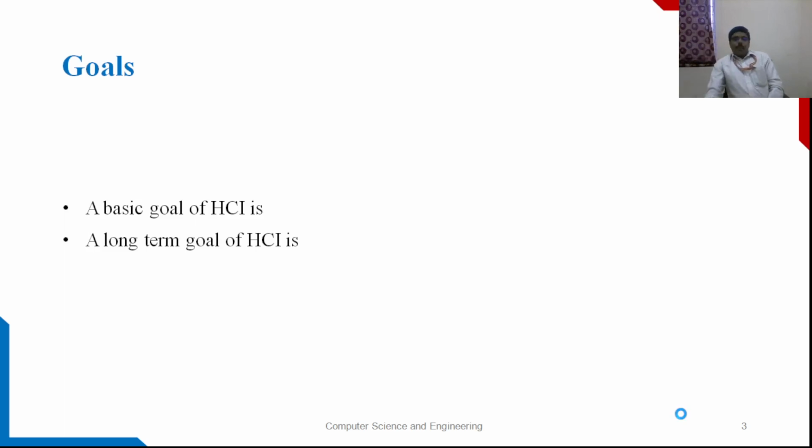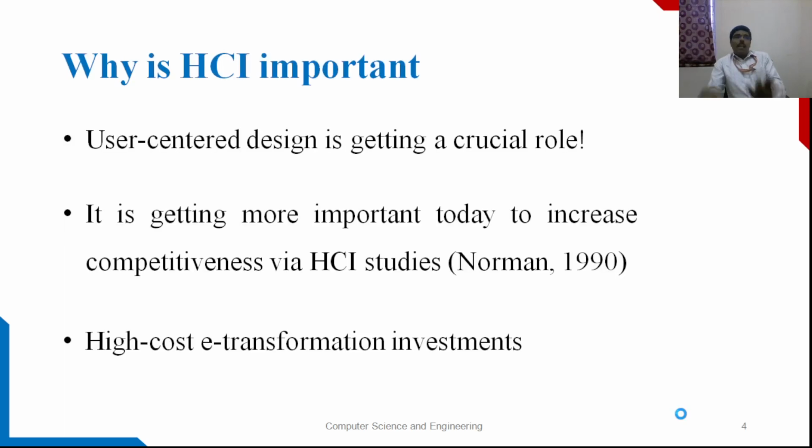Next, coming to the next topic, why human-computer interaction is so important nowadays. It is getting more importance today to increase competitiveness. In the 90s, user-centric design started getting a crucial role.